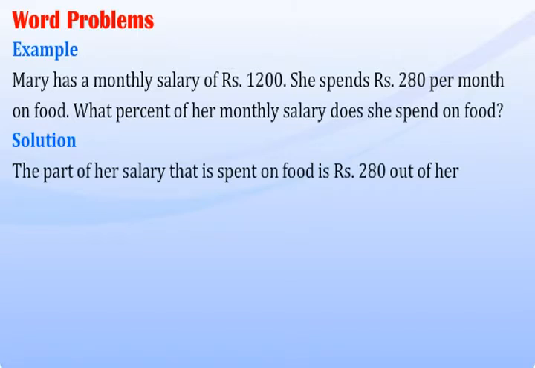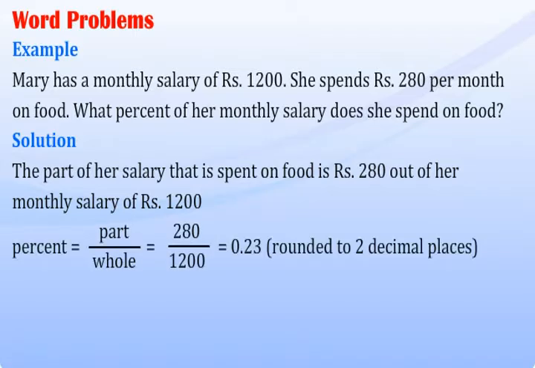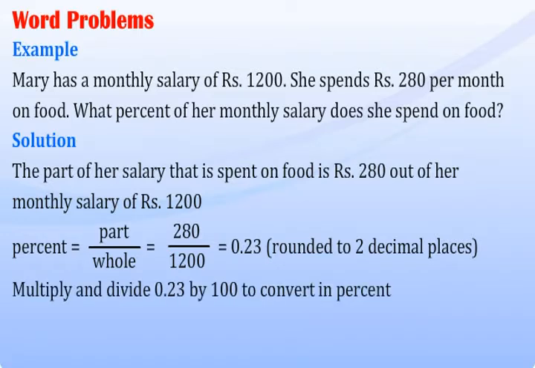Solution. The part of her salary that is spent on food is rupees 280 out of her monthly salary of rupees 1,200. Percent is equal to part by whole, which is 280 by 1,200, equal to 0.23, rounded to 2 decimal places.